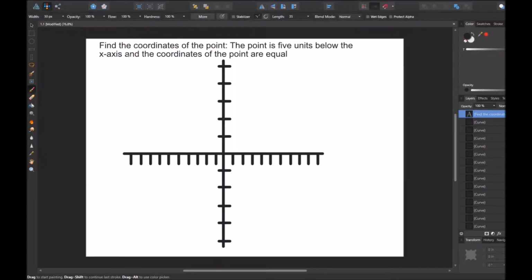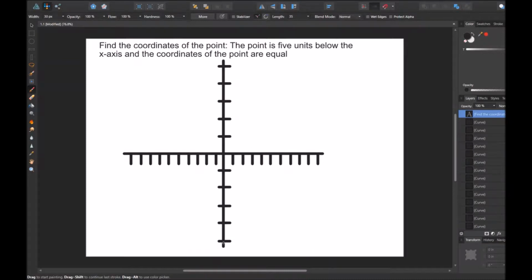Okay, so for the next problem, we're given that the point is 5 units below the x-axis and the coordinates of the point are equal, meaning that when we write the ordered pair, the value for the x should be the same as the value for the y. So we know it's 5 units below this horizontal line, the x-axis, so we count 5 units below that, and that would be our y value, negative 5.